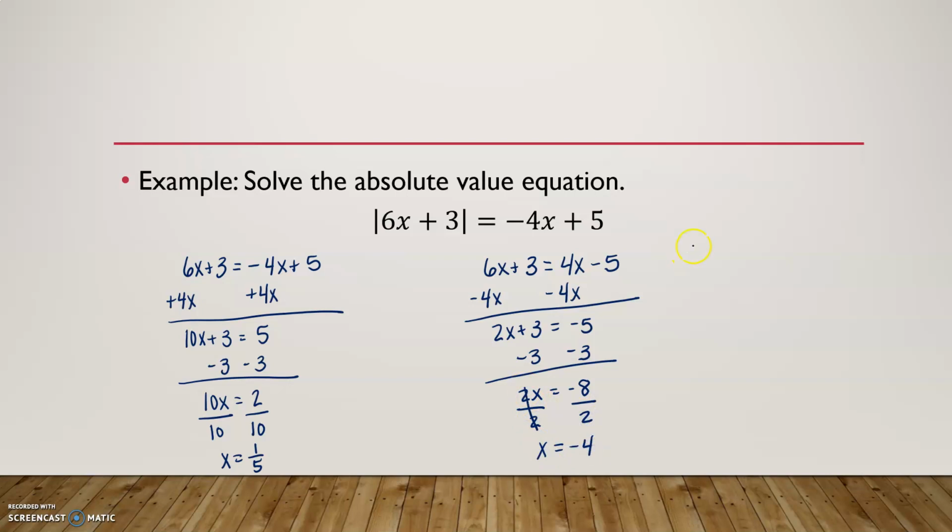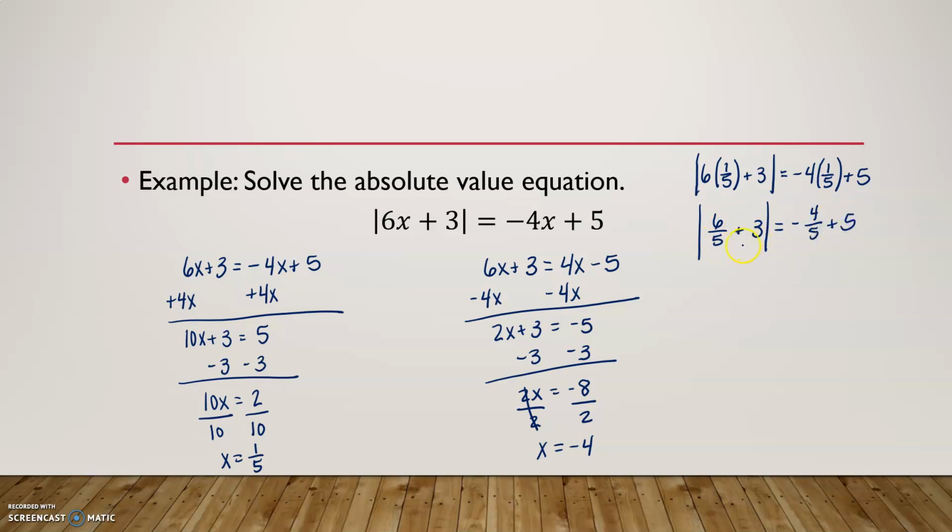And I can do a real quick check. If I do x equals 1/5, plug that in, I'd get 6 times 1/5 plus 3 equals -4 times 1/5 plus 5. If you want to use your calculator, you can, but I would get 6/5 plus 3 equals -4/5 plus 5.